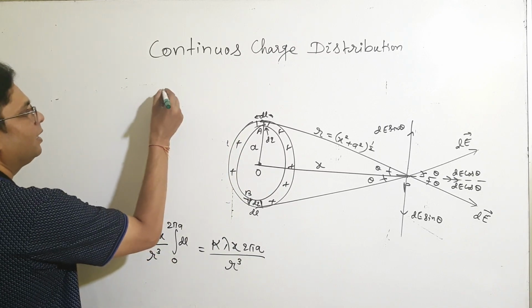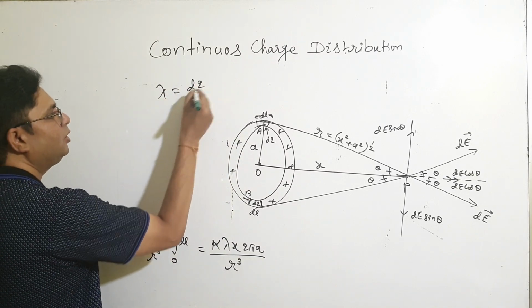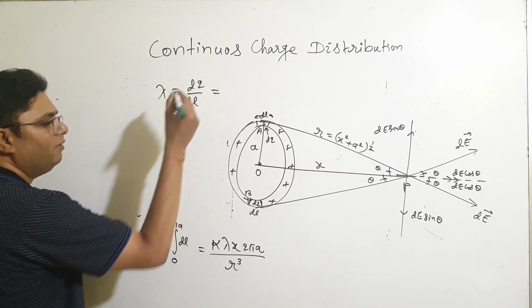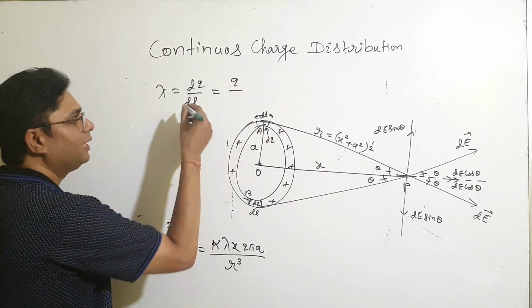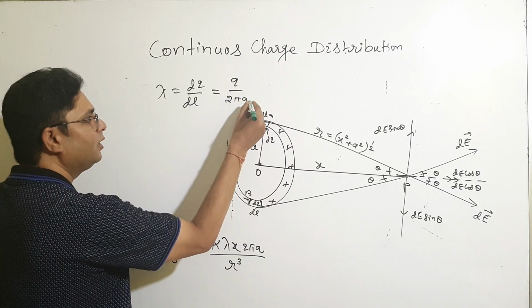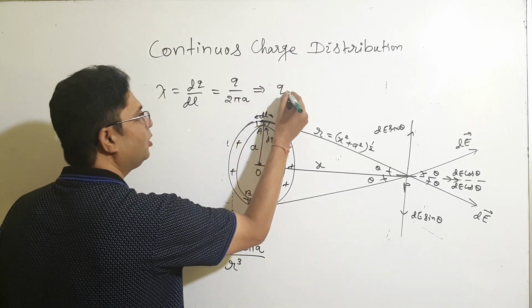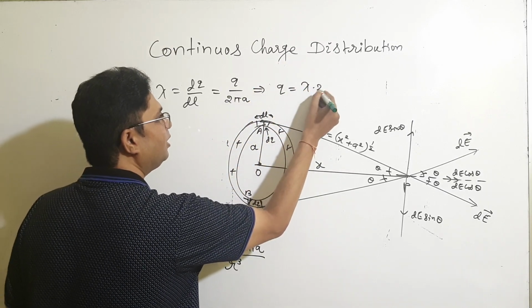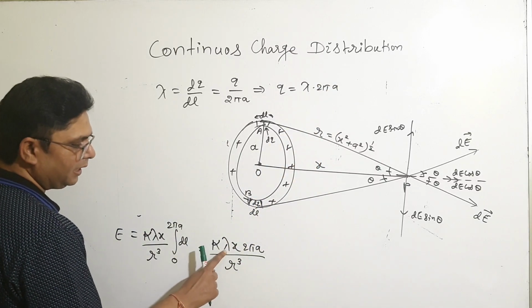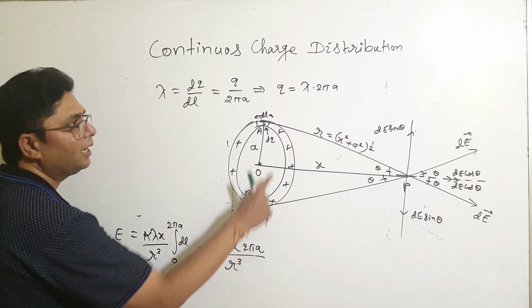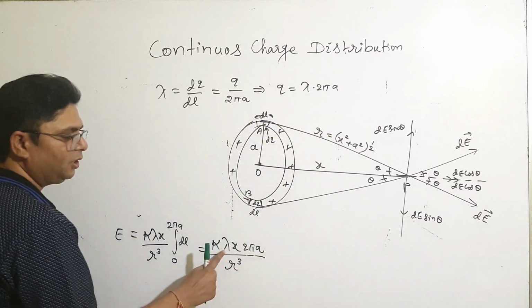You know that lambda equals dq upon dl. If q is the total charge, then dl is 2 pi a. So q equals lambda into 2 pi a. So in place of lambda 2 pi a, we will write q.